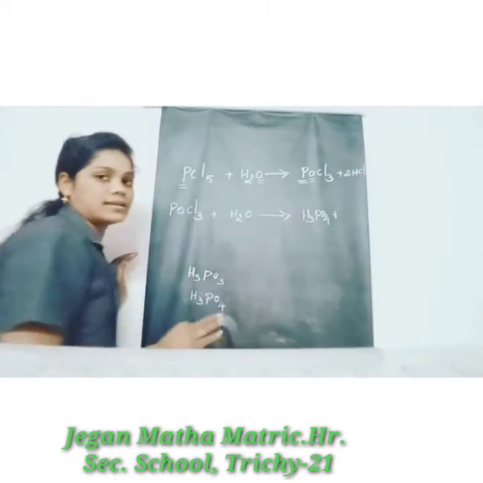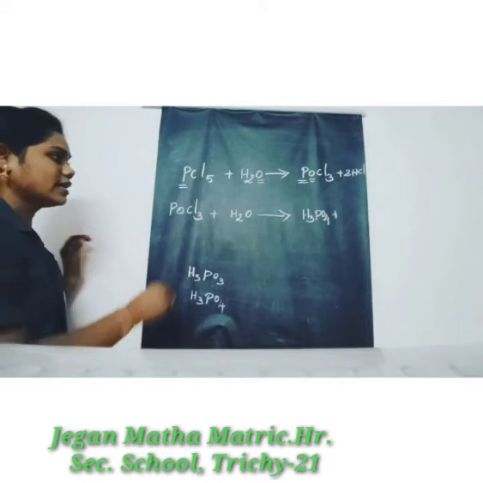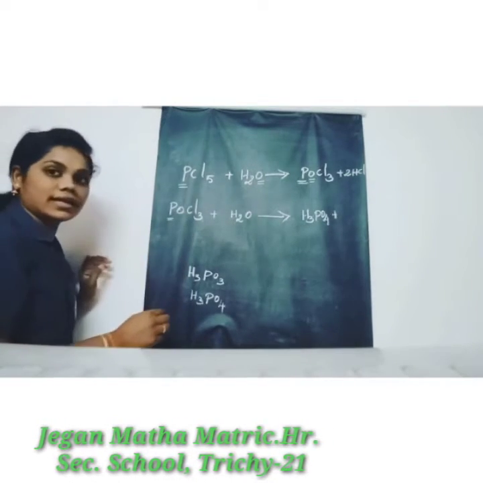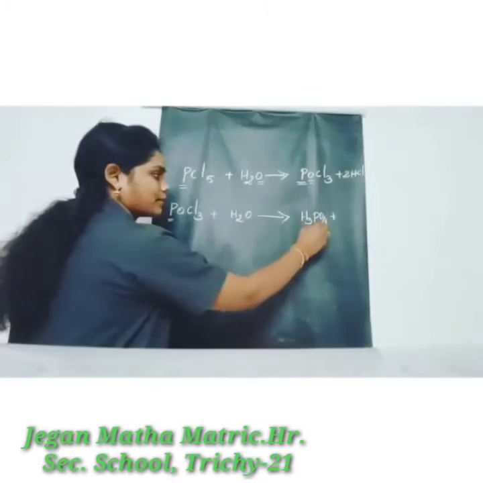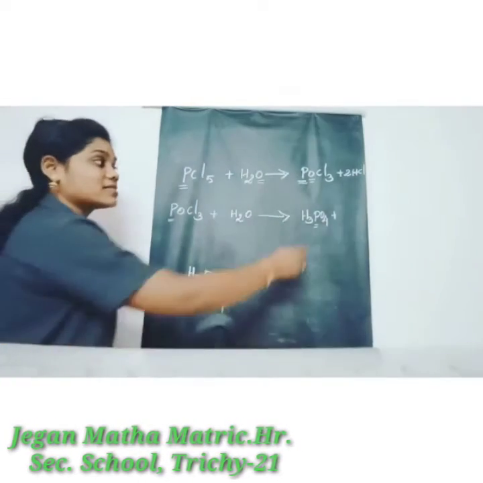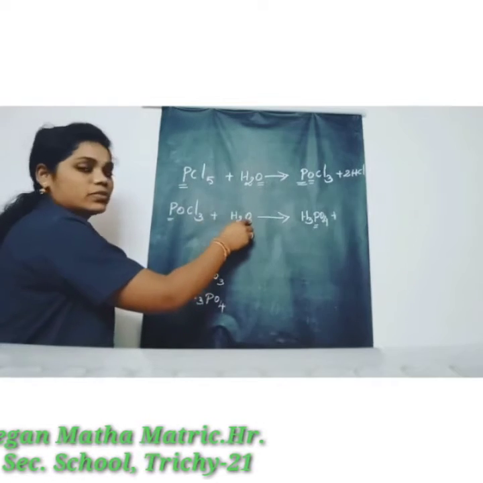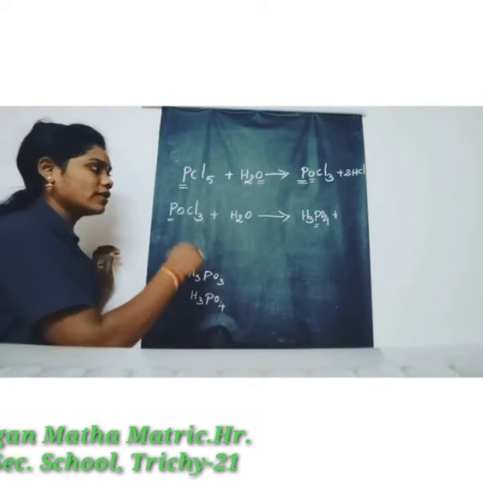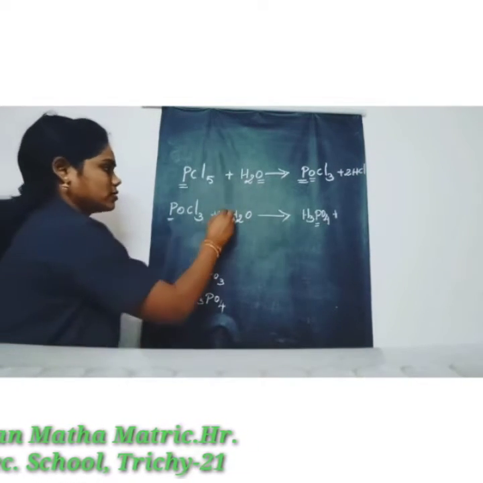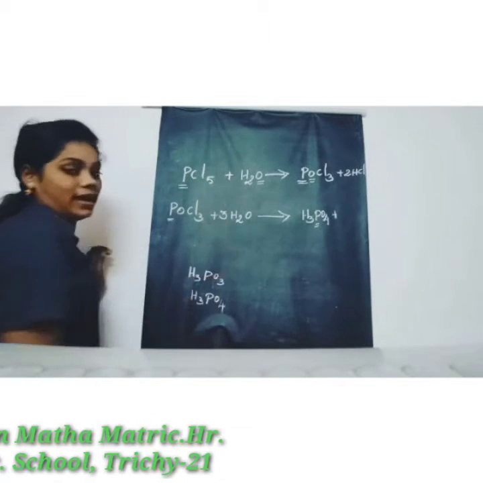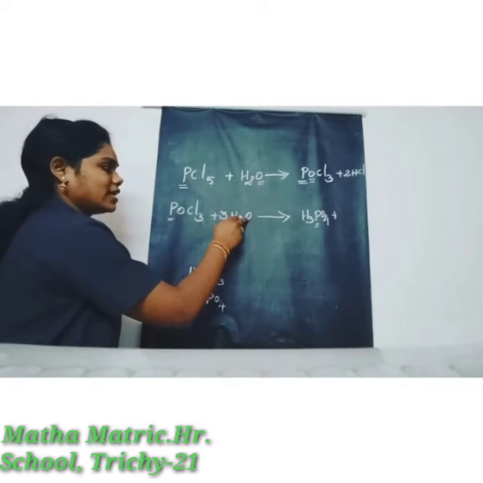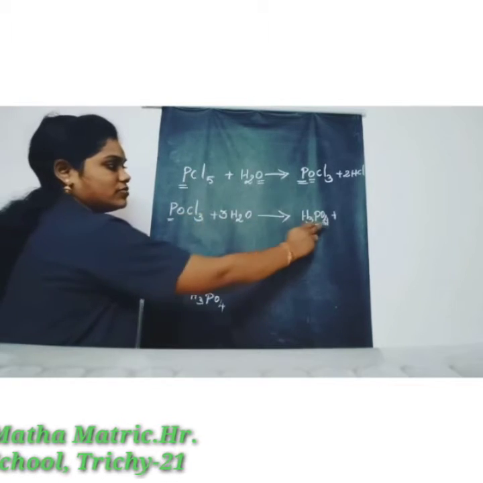HCl. So first balance the equation. Here phosphorus one time, here also phosphorus one time. But here oxygen 4 times, here oxygen 1 plus 1, 2 times only. So we need 4 times of oxygen. So we put the number 3 here. Now oxygen molecules 3 plus 1, 4 times.